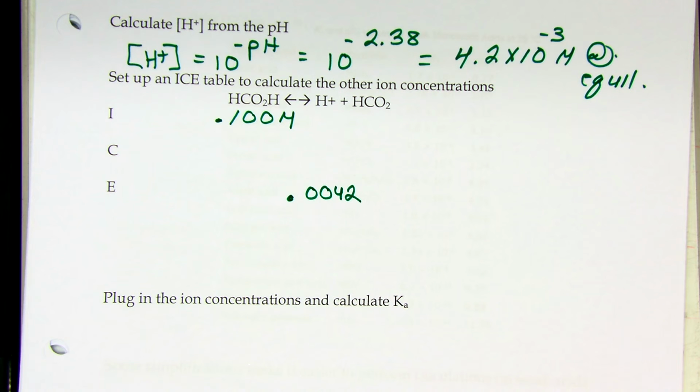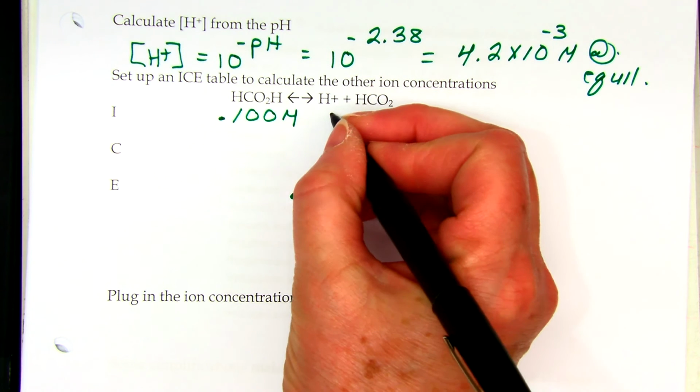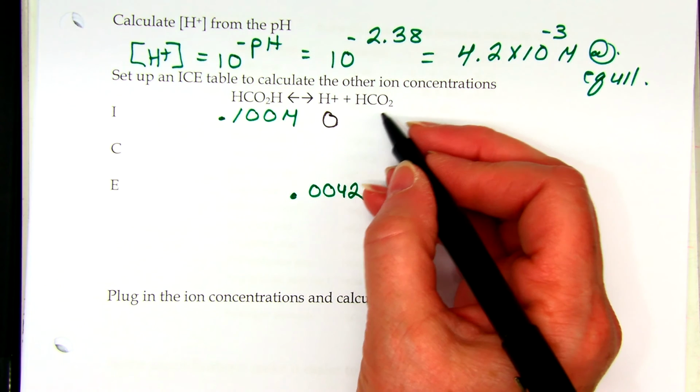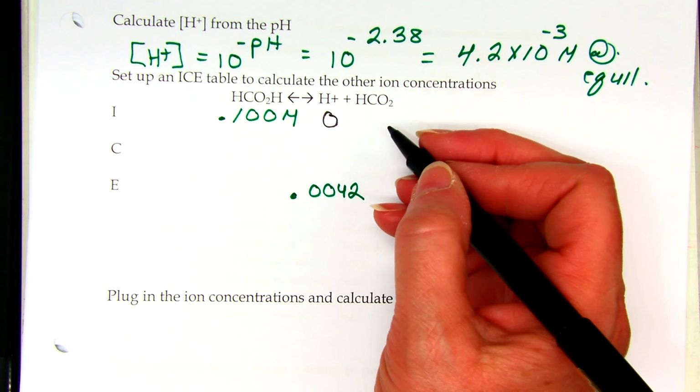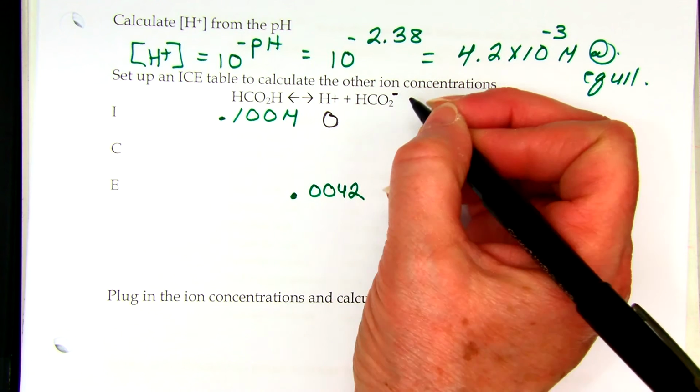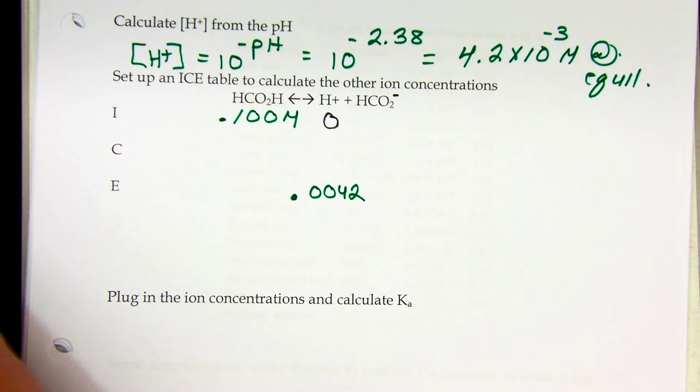So how do we use this information to figure out the rest of the equilibrium concentrations? Well, when we put the stuff in the beaker and it hasn't dissociated yet, what's the hydrogen ion concentration? 0. And what's the HCO2 minus concentration? That should have a negative charge. That's a typo. Should be a charge.